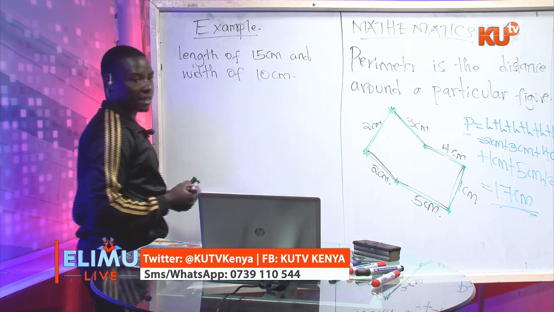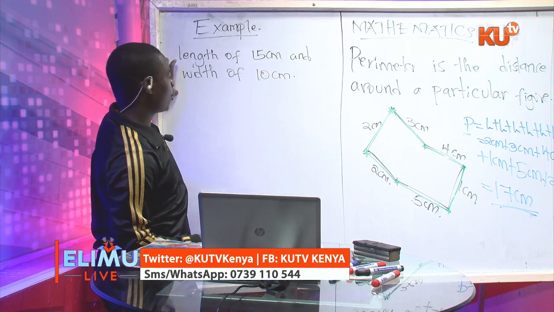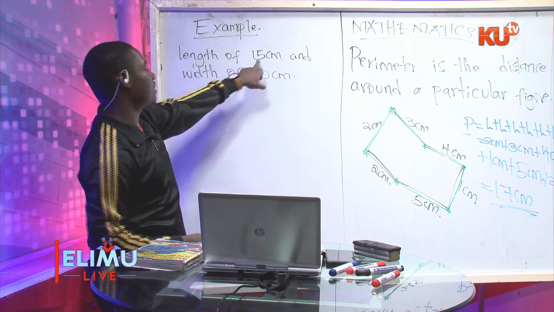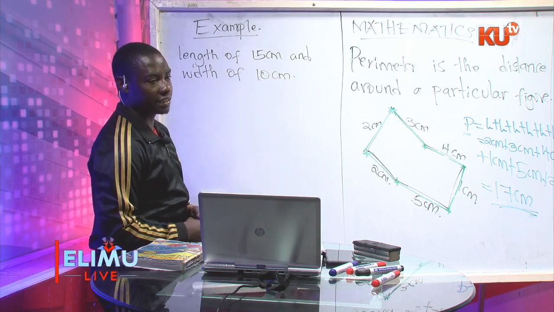So find the perimeter. We have an example here. Find the perimeter of a rectangle whose length is 15 centimeters and width is 10 centimeters.